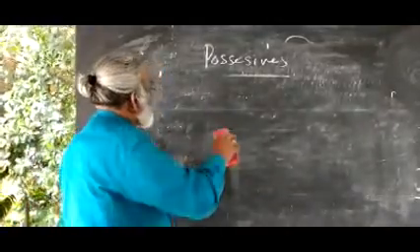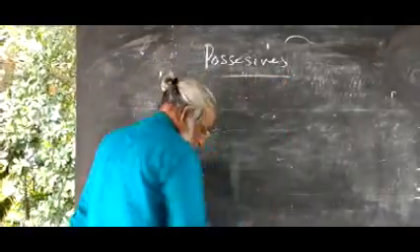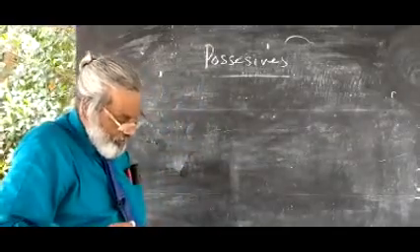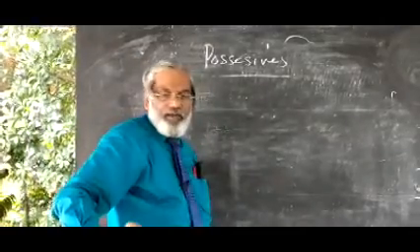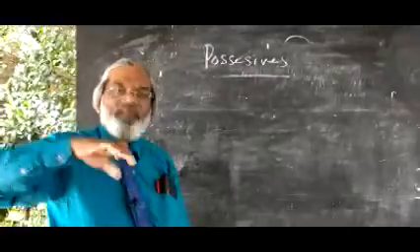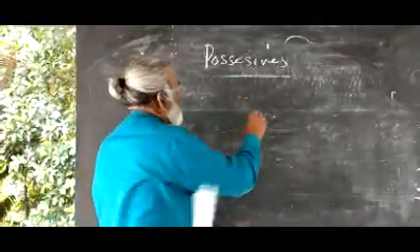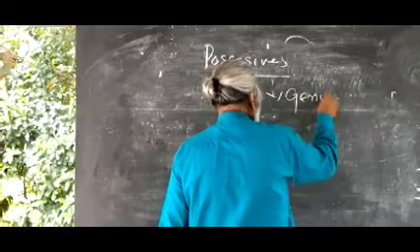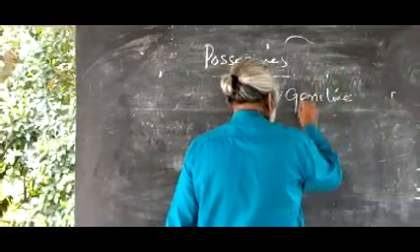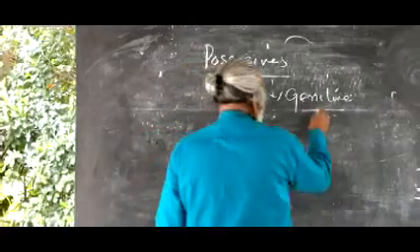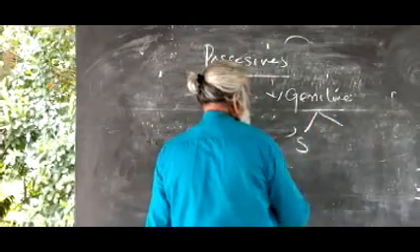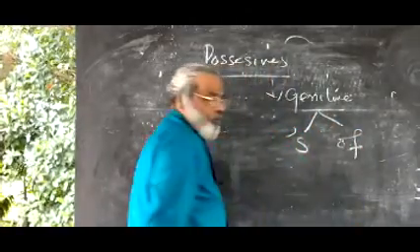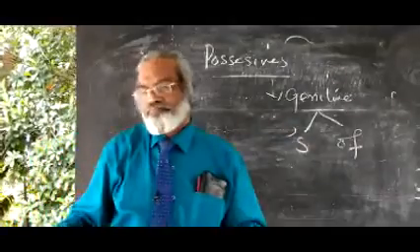In the same way, in this possessive, university grammar or communicative English grammarians go a step further. That is called the genitive case. Genitive was already studied in the case system. They have 2 divisions: one is the 's genitive, the second is the of genitive.